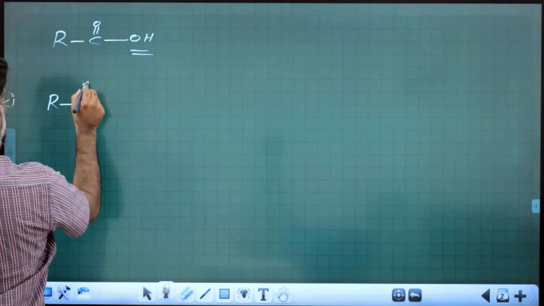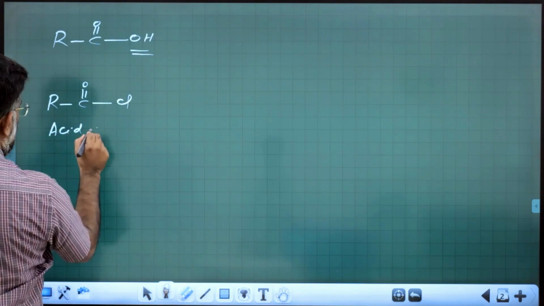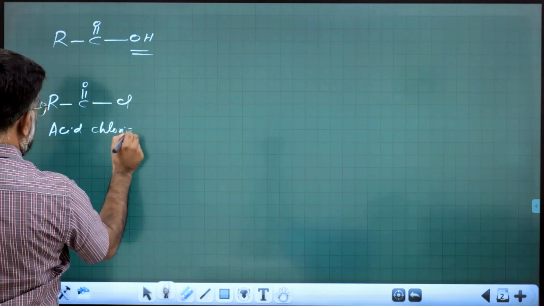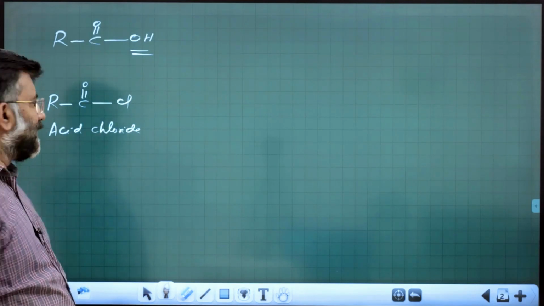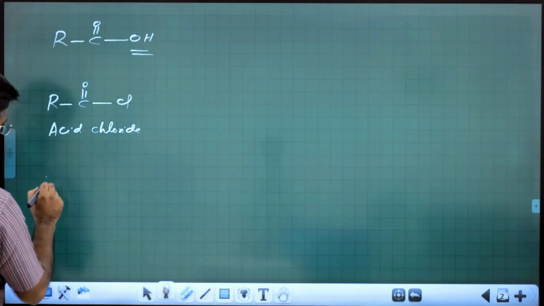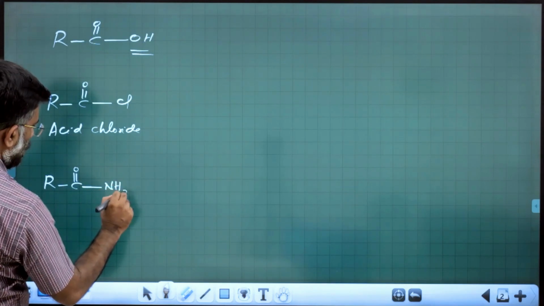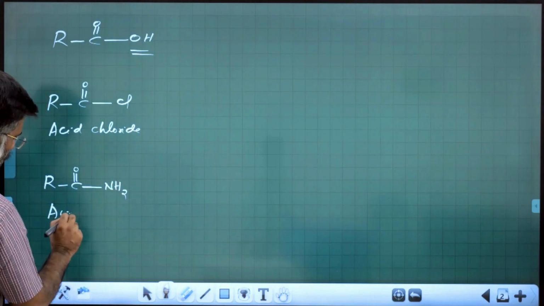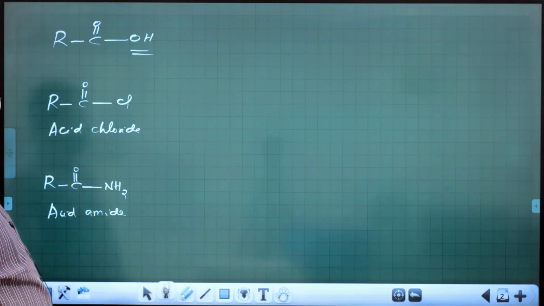You get RCOCl, called acid chloride or acyl chloride, right? That is number one. And when this OH is replaced by an amino group, you get RCONH2, that is acid amide, right?